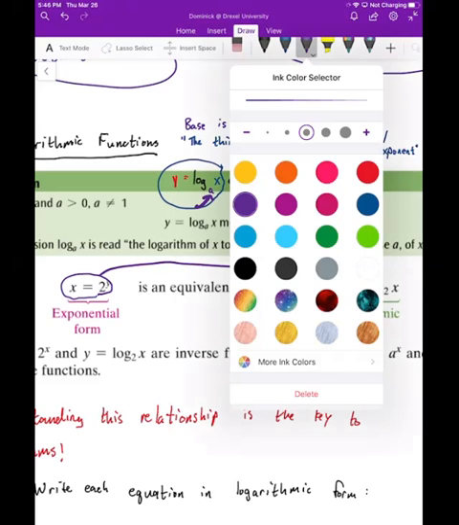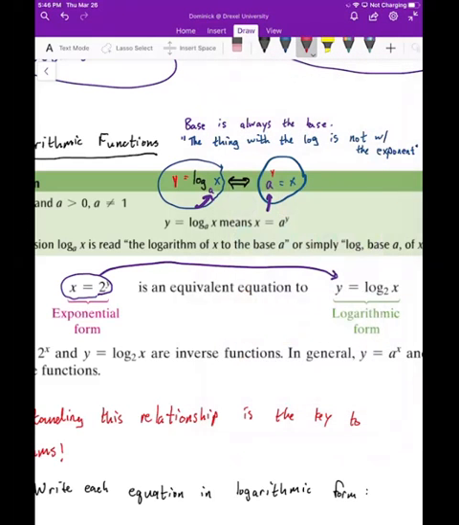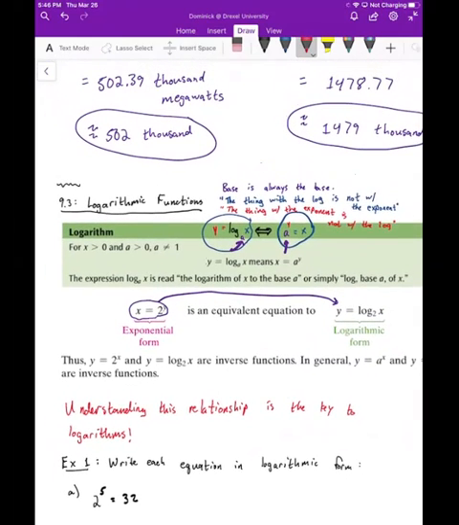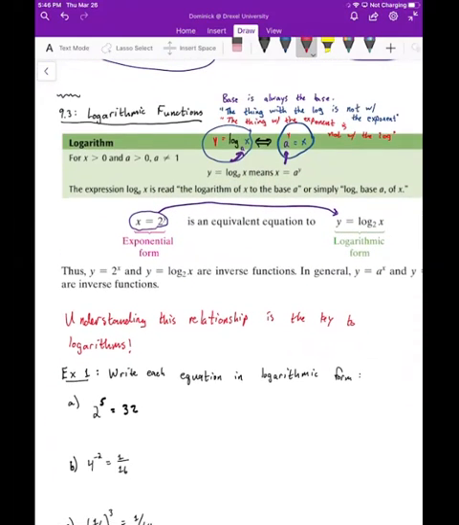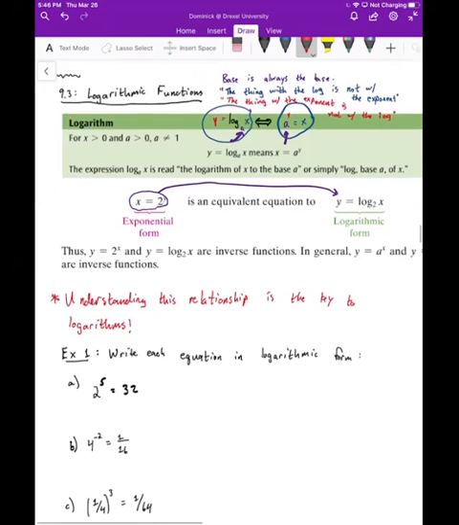And then the opposite is true for the y. We would say the thing with the exponent is not with the log. So if you hear me refer to that, that's what we mean, right? So we're talking about going back and forth between those two forms. And again, I stress understanding this relationship is the key to logarithms. I usually tell my students about 95% of the battle is that.